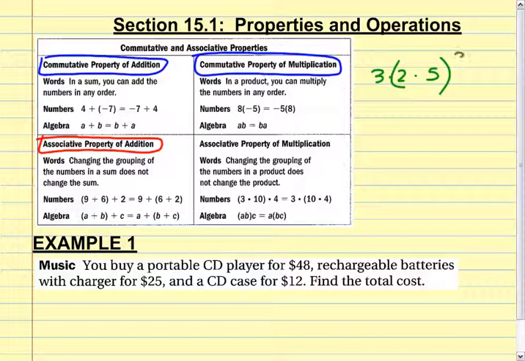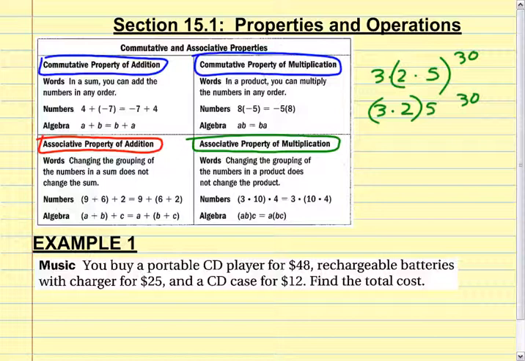Now, let's leave them in the same order, but we're going to change their association. Now what are you multiplying first? 3 and 2. And what do you get? 6. Times 5? 30. Exactly. Same thing. That's the associative property of multiplication. Everybody happy with that? Good. Let me show you how it works with this first example.